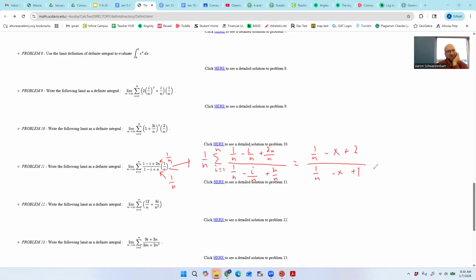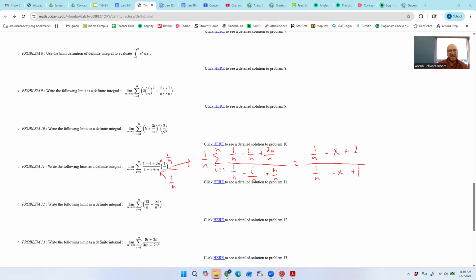Okay. So if you're looking at the one above, the I over n turns to an x, right? And I just make that my integral.